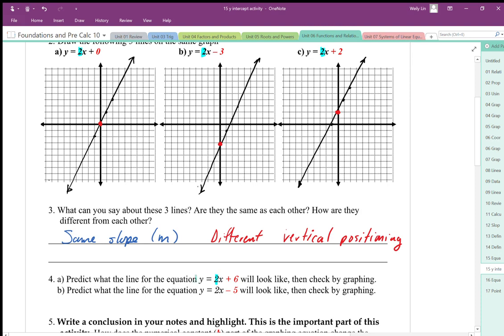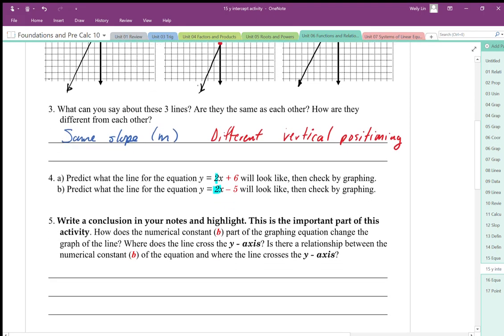I want you to check these by graphing: put them in Desmos and actually graph them, and you should see that these two lines both have a slope of 2, so they should have the same angle as these lines, but they have a different vertical positioning. In fact, we should expect this line to cross the y-axis at +6, and this line here to cross the y-axis at -5.